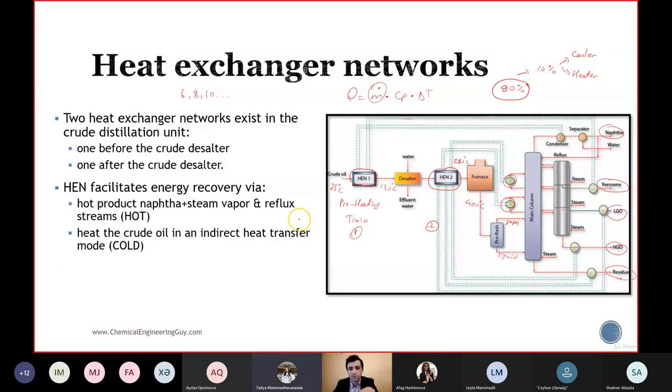Then let's come back to my question. If you don't have the heat exchanger network, what will be? We would need to increase the furnace load.